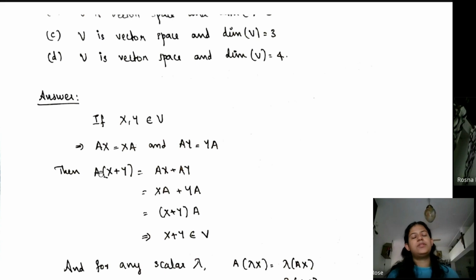For the first case, I'm checking whether it is closed under addition, that is, if x and y belong to V, whether x plus y also belongs to V.